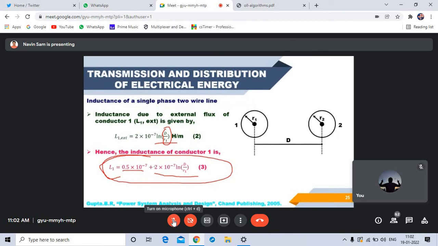What I'm going to do is take the term 2 into 10 to the power of minus 7 as a common term, just to take 2 into 10 to the power of minus 7 from these two terms. The logic is to get a simplified expression. That's it. So take 2 into 10 to the power of minus 7 as a common term.